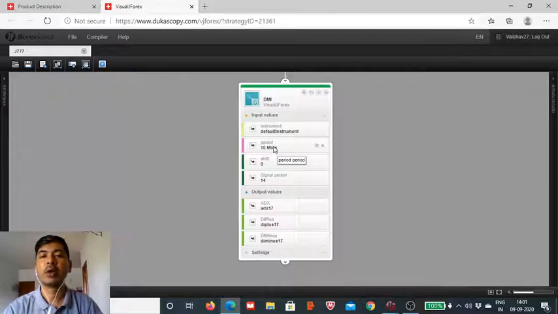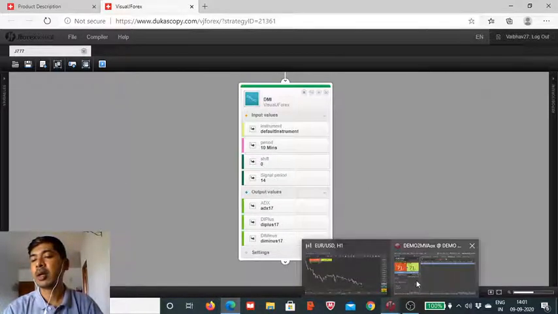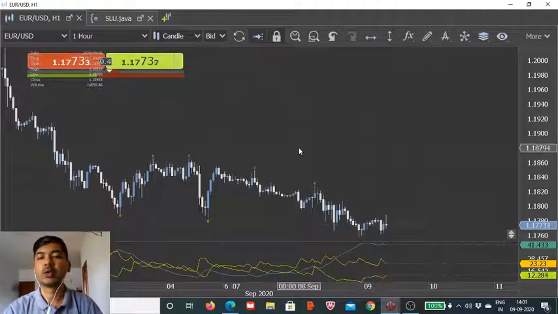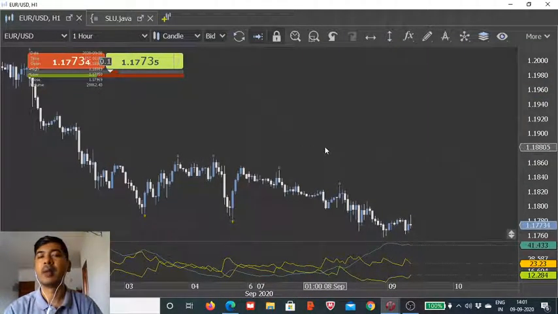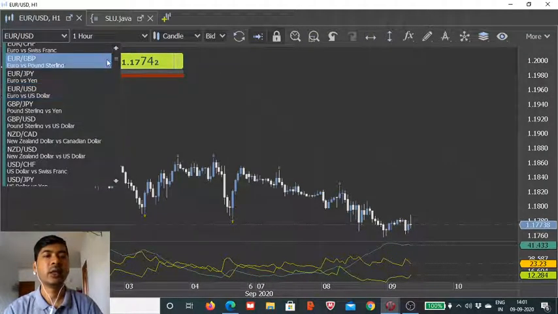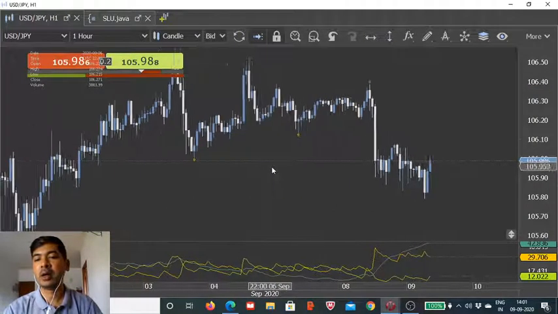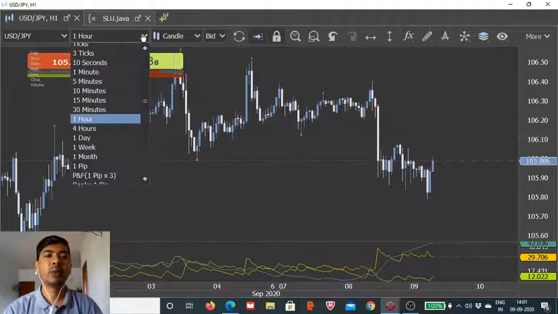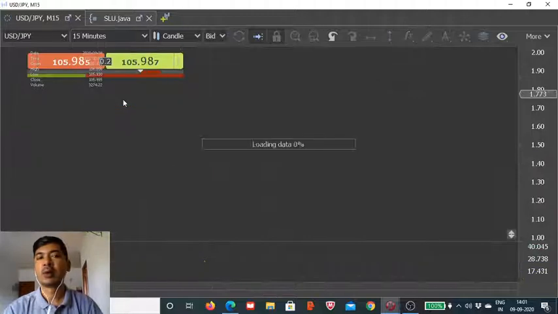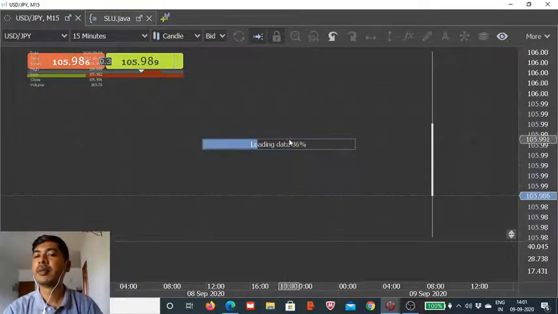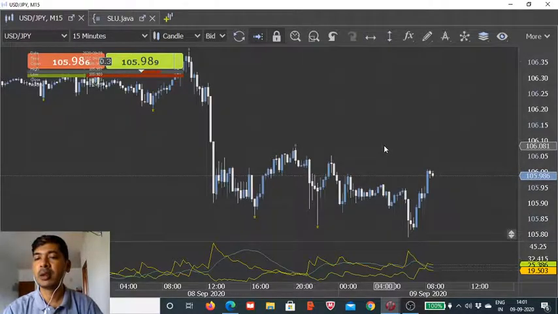So depending on your requirement or the conditions, you can choose to take the appropriate time period. So here this is the Euro USD chart. Let us change it to USD JPY, and we change it to 15 minutes. Let us take the 15 minutes as the example.